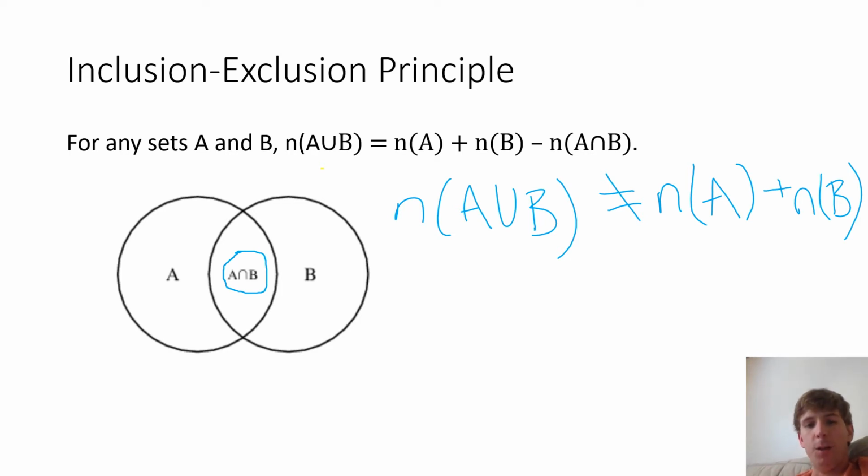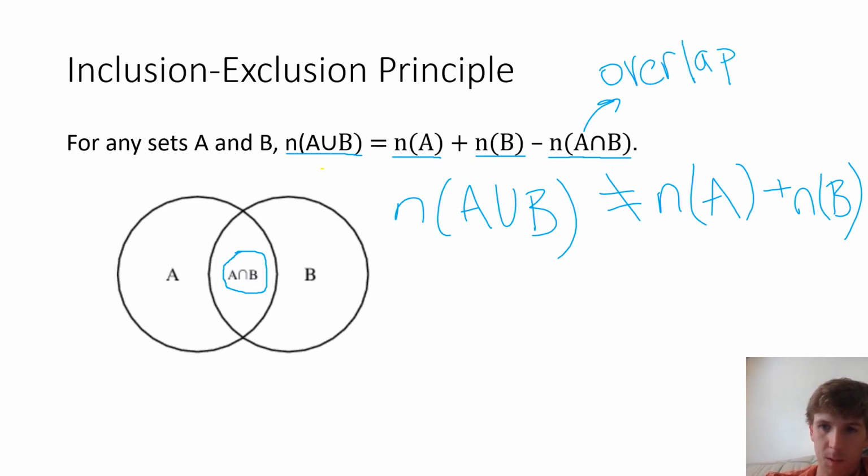What we need to use is very straightforward. To figure out the number that is in A union B, so the number that is A or B, you take the number in set A plus the number in set B, and then subtract out the overlap, that A intersection B. You're just subtracting out the overlap, because otherwise you will double count.